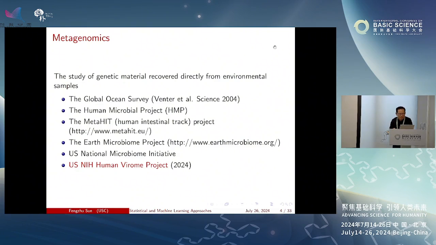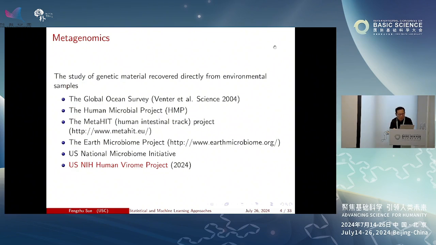After that, there is the Human Microbiome Project to study the microbiome in various parts of the human body. And then there is the European MetaHIT project, which studies the microbiome in the intestinal tract and how that relates to disease.